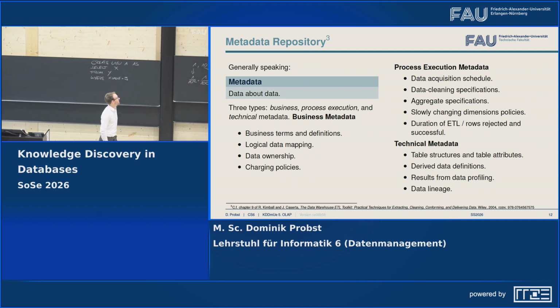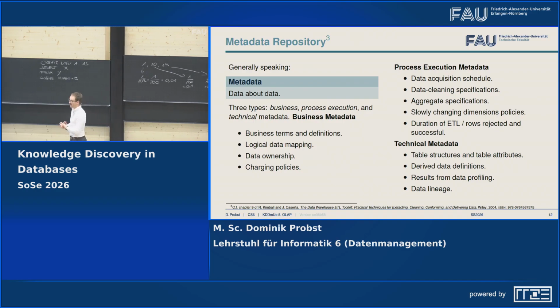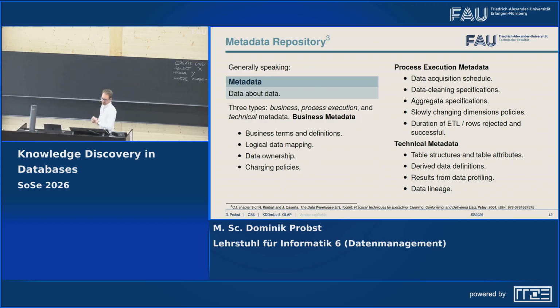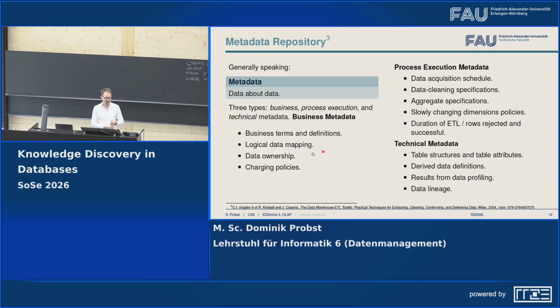These metadata points are all stored within a data warehouse, although they are not the original data being extracted. But they become relevant for certain actions. For example, having the data ownership is good if we have problems with one data point, as I said.